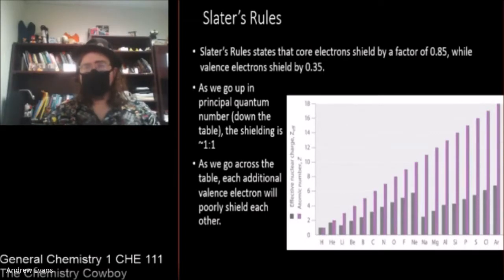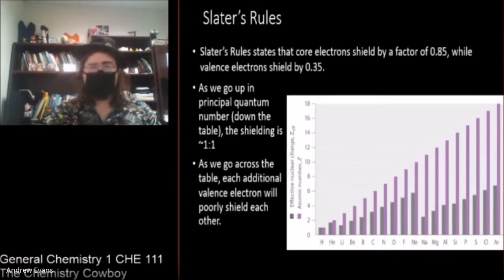As we move across the table, though, we will see a gradual increase in effective nuclear charge because when we add one proton, the one electron we are also adding does not give a complete shielding. So we're seeing a greater increase moving across the table.